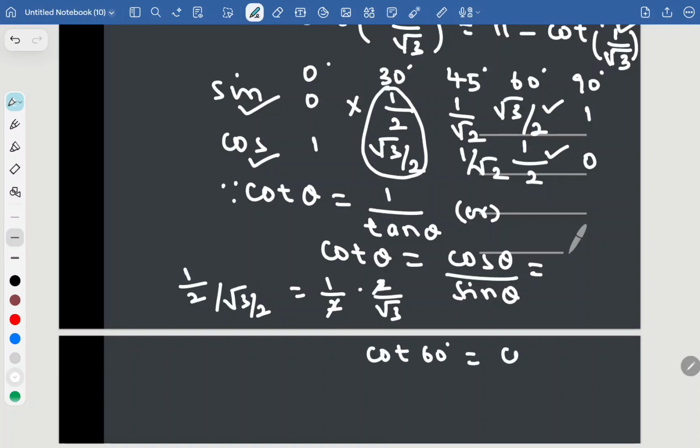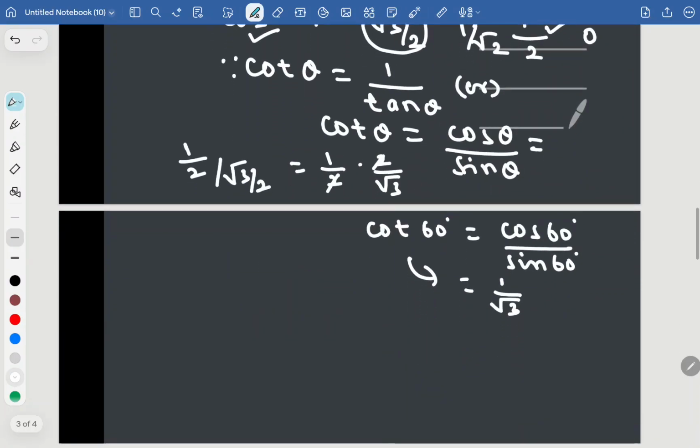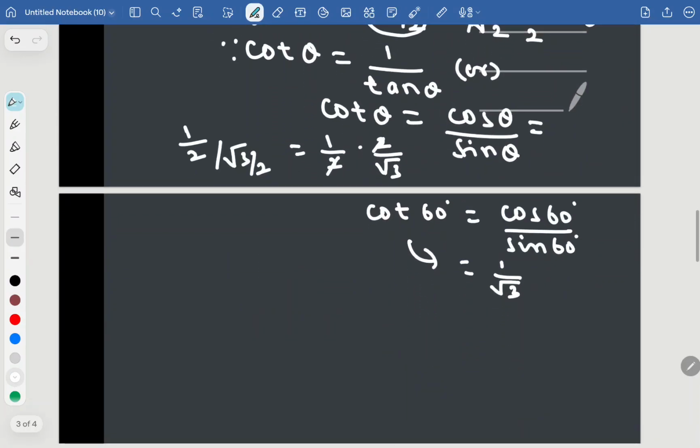Cot 60 is cos 60 by sin 60. This value is 1 by root 3. Cot 60, if you convert into radians, this is pi by 3. Cot pi by 3 is 1 by root 3.